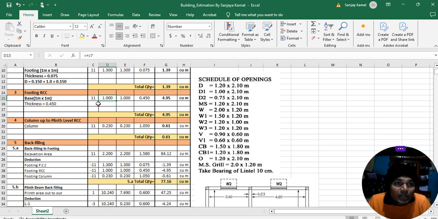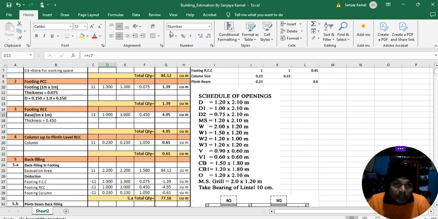So let's see this. Okay, for the base, I have taken the length here as 1 meter only. 1.000 means approximately 1 meter only. And the breadth here is also 1.000 meter. And for the depth, I told you earlier that depth and thickness are the same.